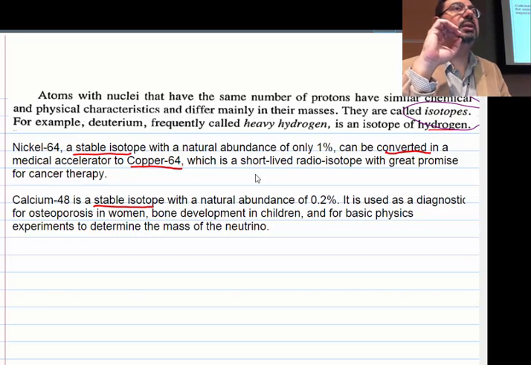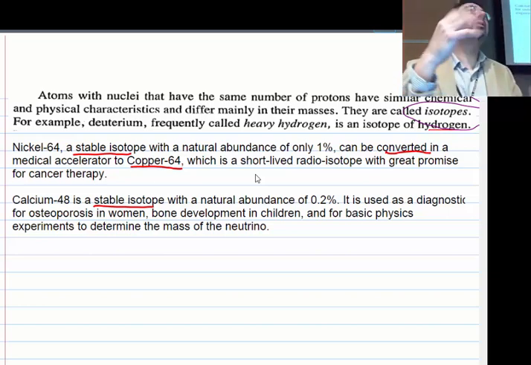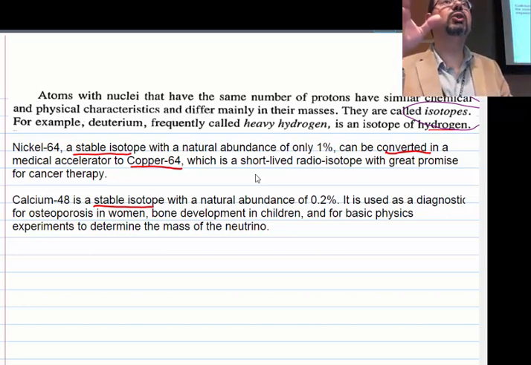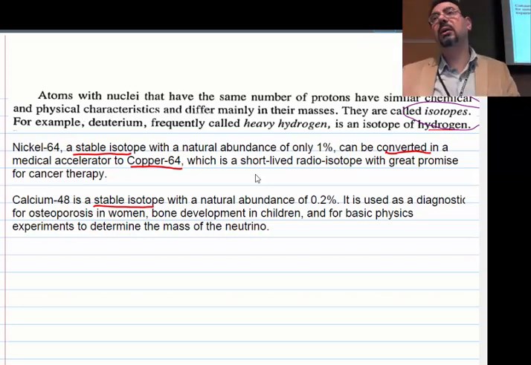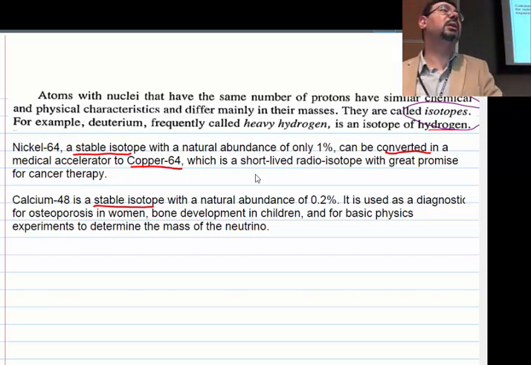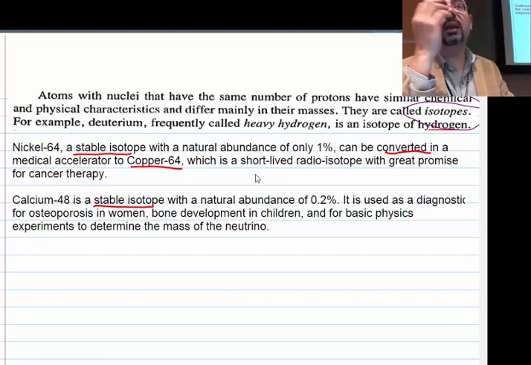You can generate them in the lab, like you put an extra neutron in, or you do a chemical reaction, and that isotope shows up, but because it's unstable, it kicks out a proton or neutron and transforms into something else.